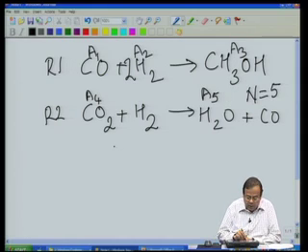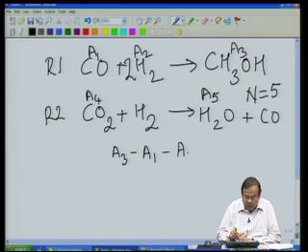Earlier we had written our first reaction as A3 minus A1 minus 2A2 equal to 0. The second reaction now becomes A5. I will follow the same logic, that is keep products as they are.